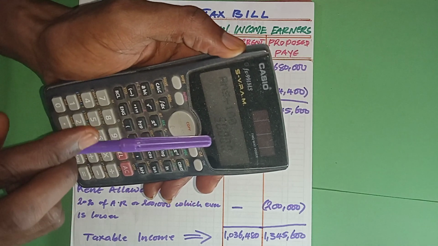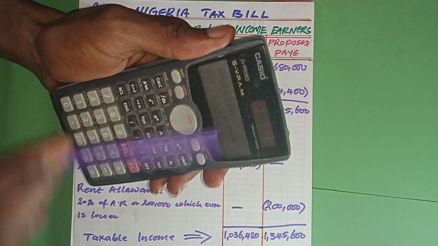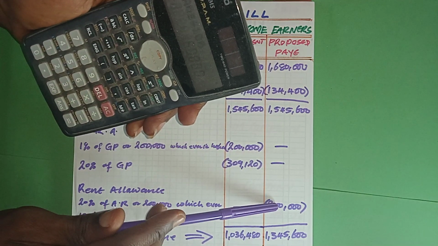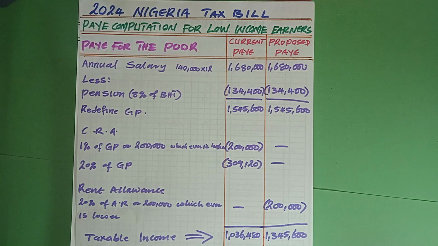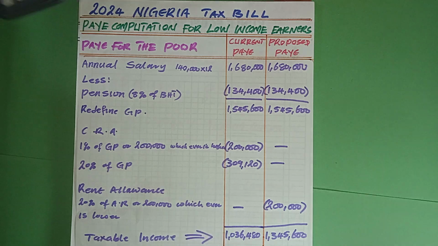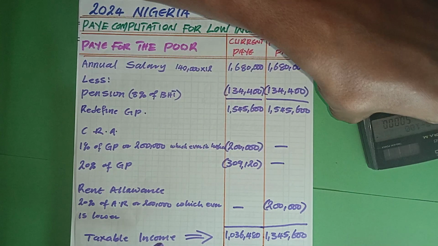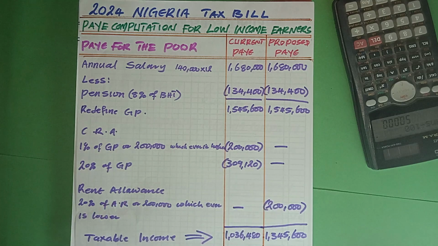Whichever is lower, that is to say this 50,000 naira is lower, which is supposed to be here. But in this case, virtually everybody will want to put 200 as the lower. I think it's a loophole, but I definitely know they will look into this. But for the purpose of this tutorial, let's take this as the lower.